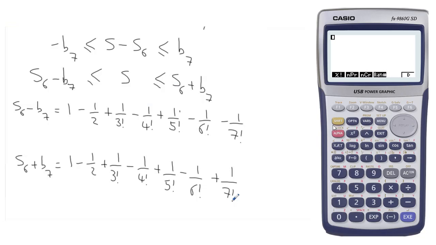So we have 1 minus 1 half plus 1 over 3 factorial minus 1 over 4 factorial plus 1 over 5 factorial minus 1 over 6 factorial, and in this case we take away 1 over 7 factorial.